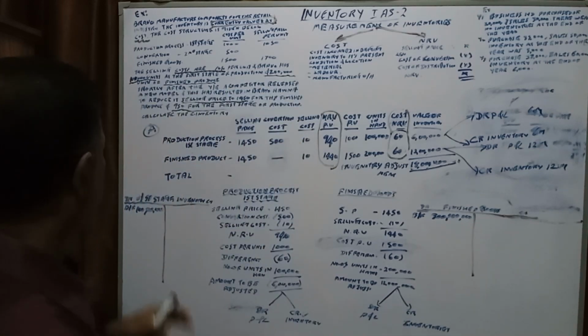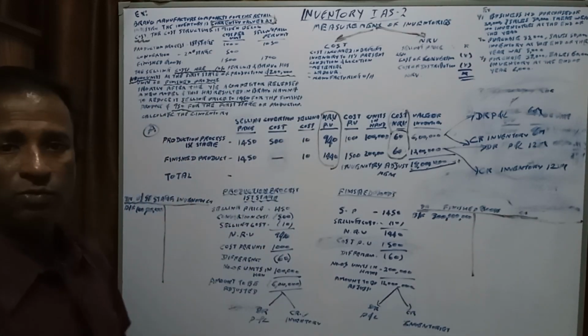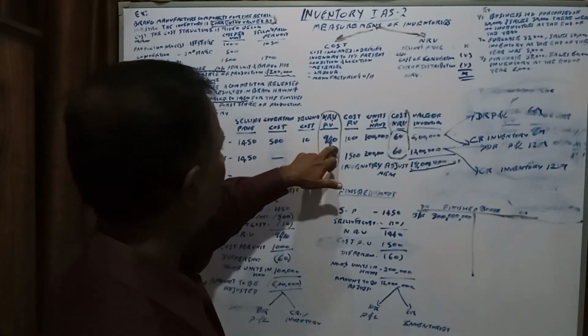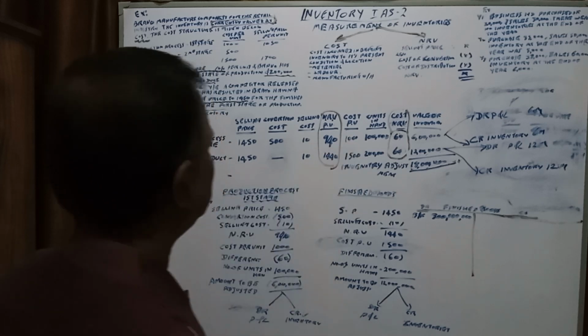Now we have to bring it down to the cost. Cost means 940 into 100,000.